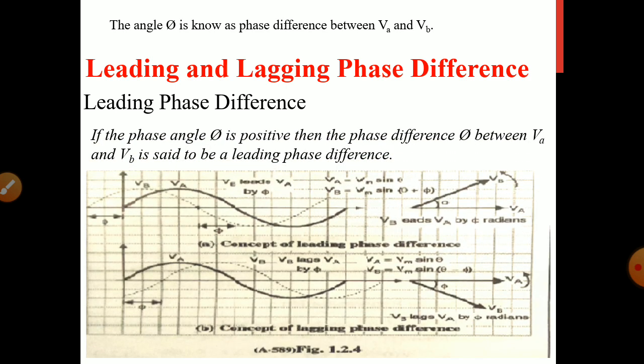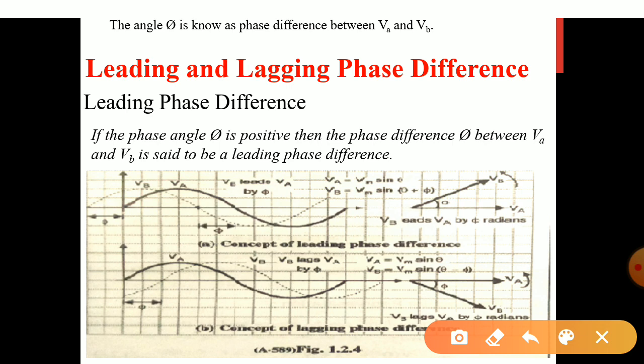See in this diagram, the upper part of this portion is our leading phase difference. The above part is leading and the below part is the lagging phase difference, that we'll see later. Now in leading phase difference, if this phase angle is positive, then the phase difference phi is said to be leading phase difference.